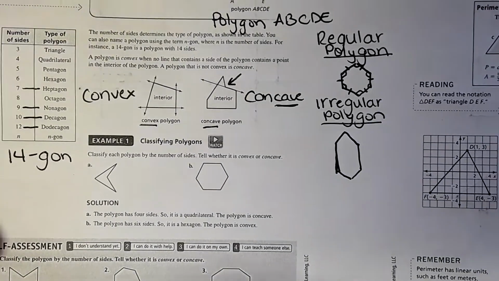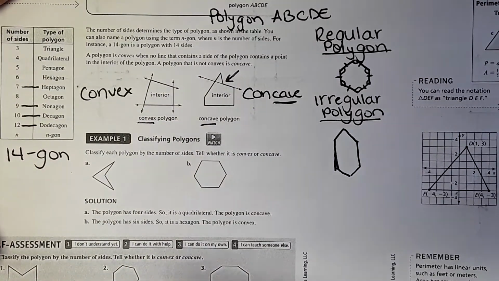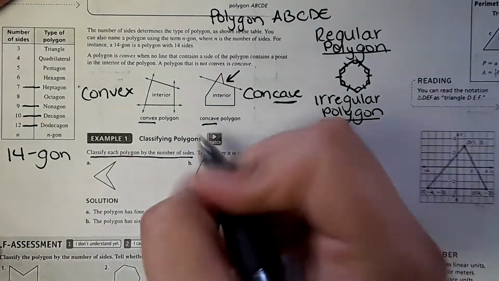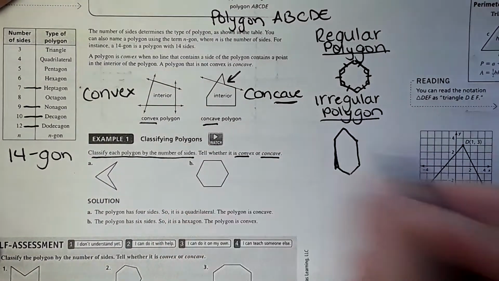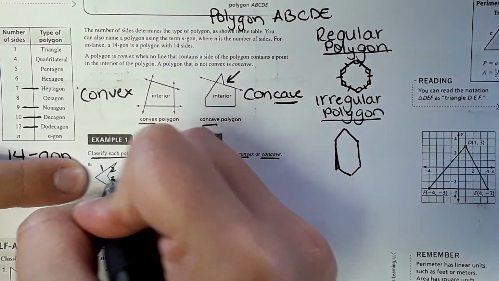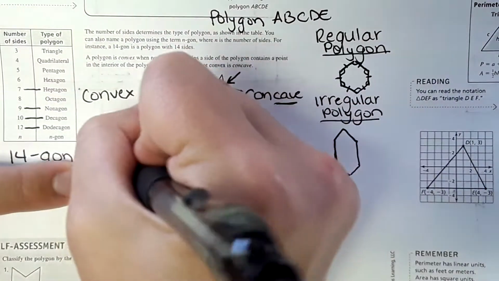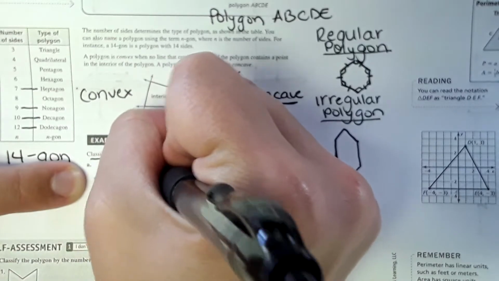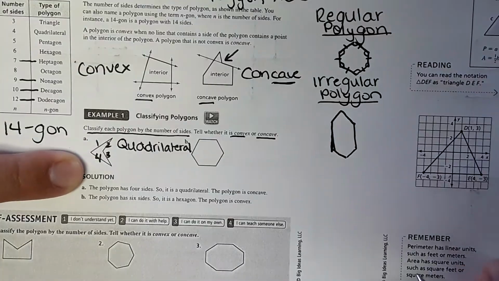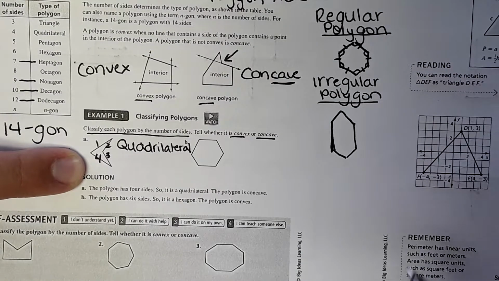Okay, so based on that information, we're going to practice a few of the starter questions. It says classify each polygon by the number of sides, and then tell whether it's convex or concave. So this first shape, we have 1, 2, 3, 4 sides. So this would be a quadrilateral. And is it convex or concave?